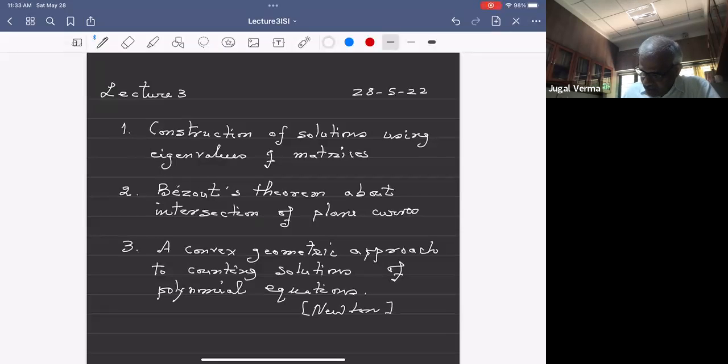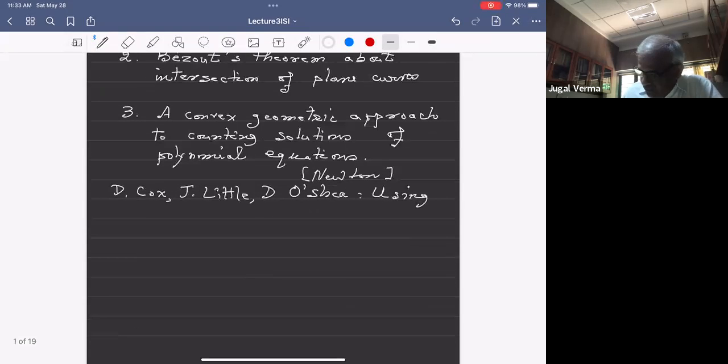And one basic reference for what I have been discussing is a book of David Cox, John Little, and D. O'Shea. It's a very interesting book. It is called Using Algebraic Geometry.